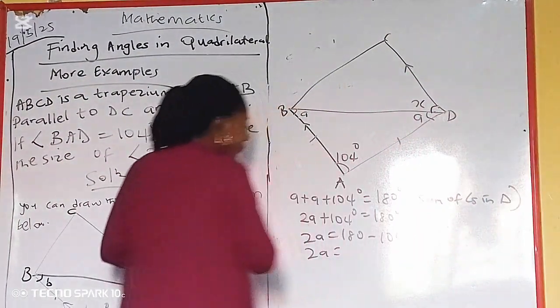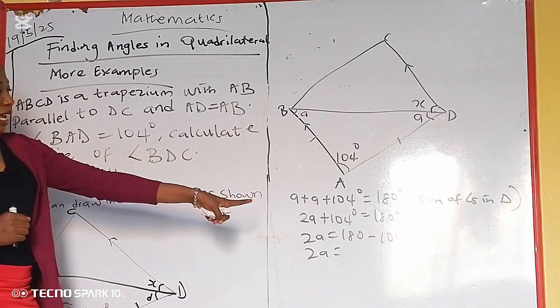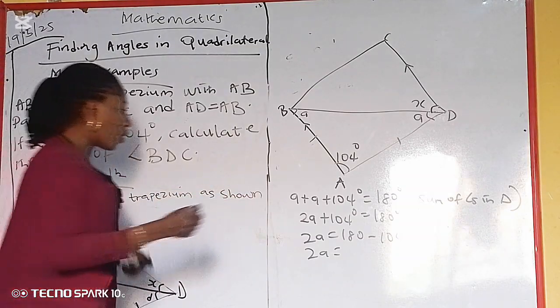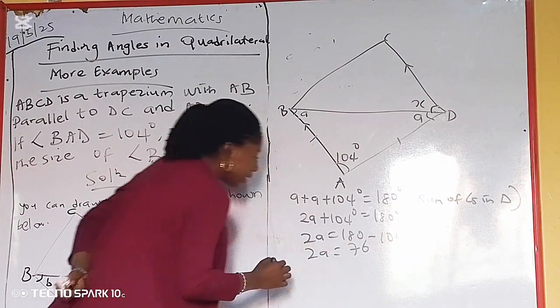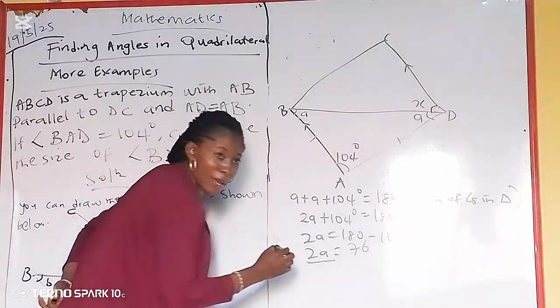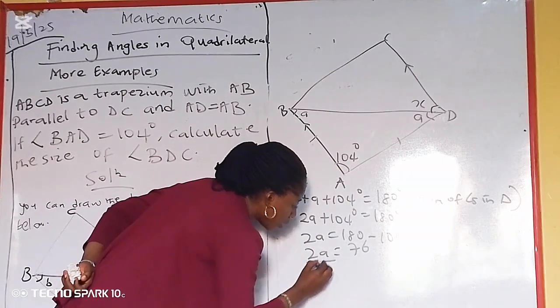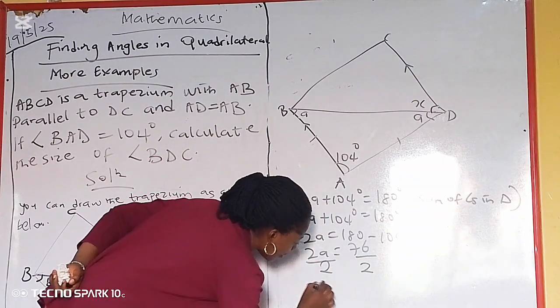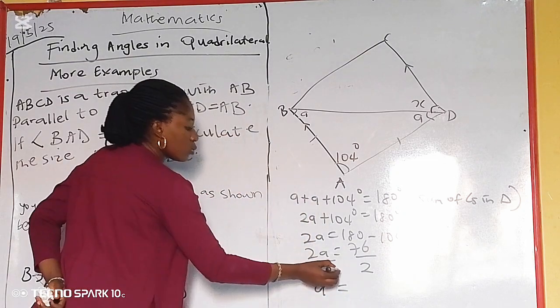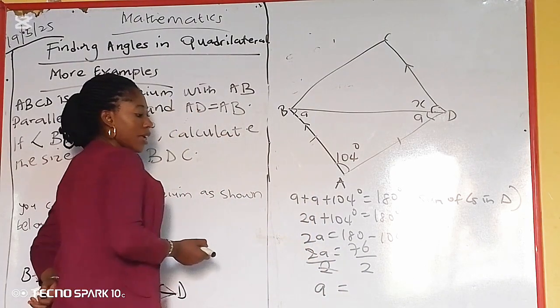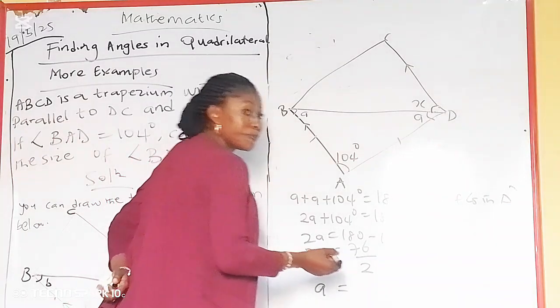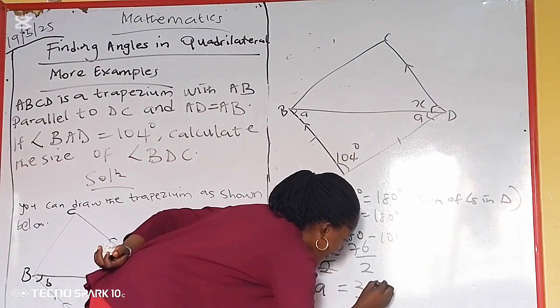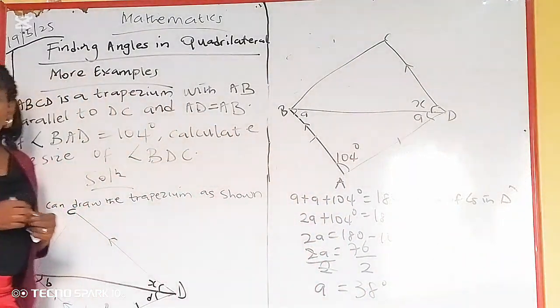Be accurate. 180 minus 104, 76 what? Degrees. So we have to divide both sides by the coefficient of A, which is what? 2. So we now have that A is equal to what? 2 cancels 2 here. Is that so? 38 degrees. Are you clear?